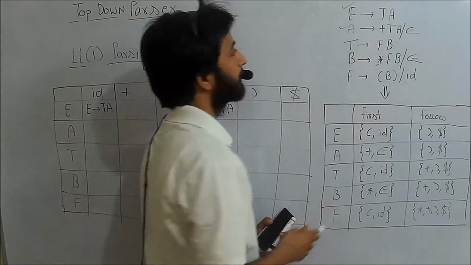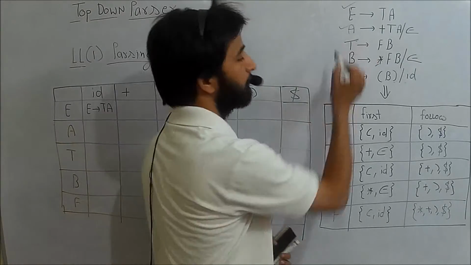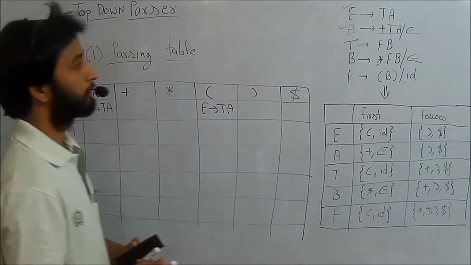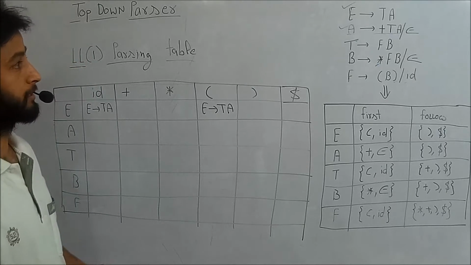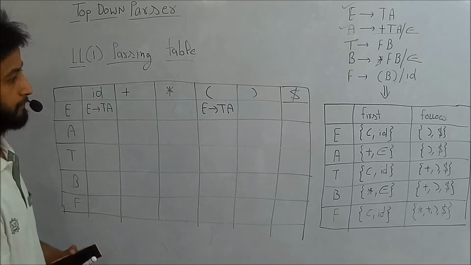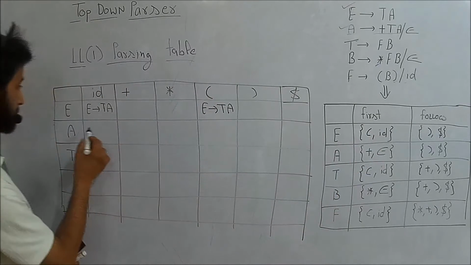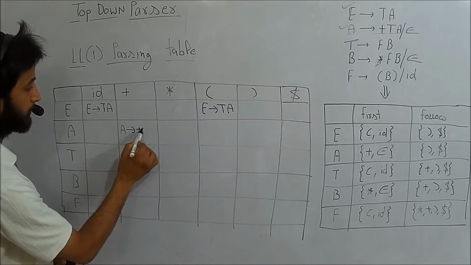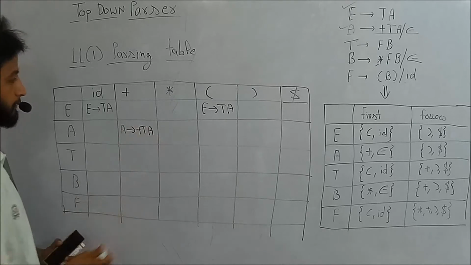The second we have is A derives plus TA. The first of this production A derives plus TA is plus, so A derives plus TA goes under plus.